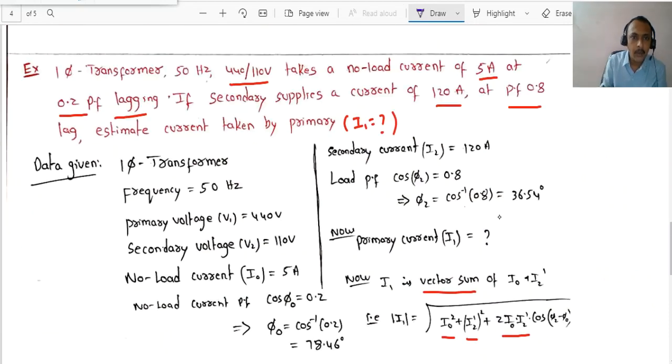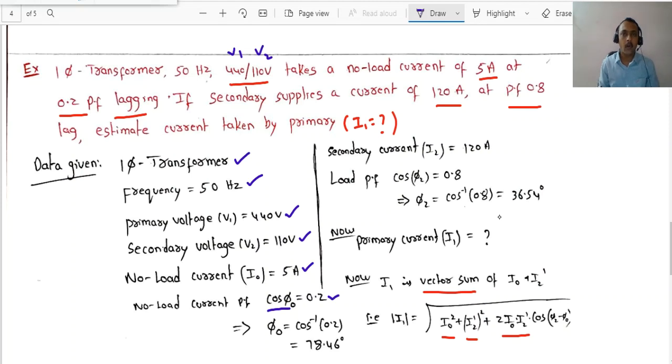Single phase transformer, frequency is 50 Hz. This indicates primary voltage V1, 440 volt, and this 110 indicates secondary voltage V2, 110 volt. No load current drawn is 5 amps, and the no load power factor cos phi naught is given as 0.2.